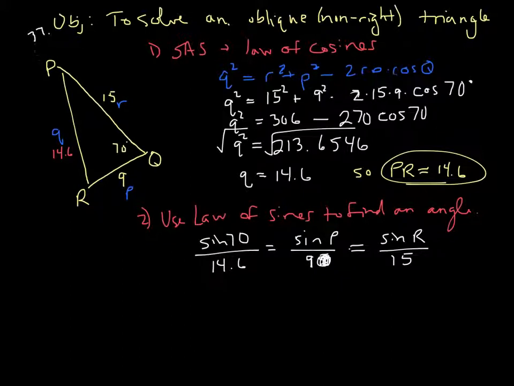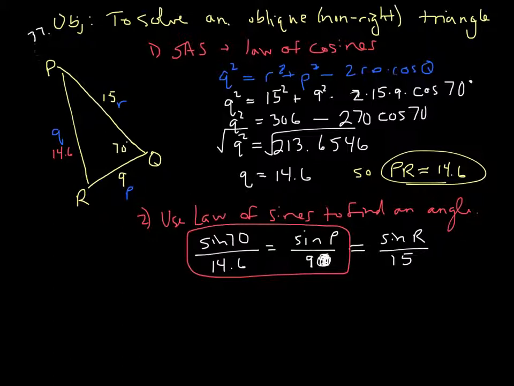So, using that, I need to solve for both p and r. P is an unknown, r is an unknown. So, I can go ahead and cross multiply here. I'm going to use the first bit and solve for p. You could do it the other way, and you could solve for r. It makes no difference.